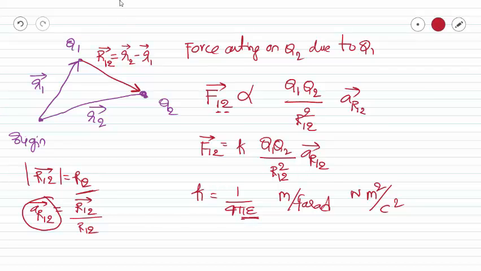And now what about this epsilon? So epsilon is called the dielectric constant or permittivity.